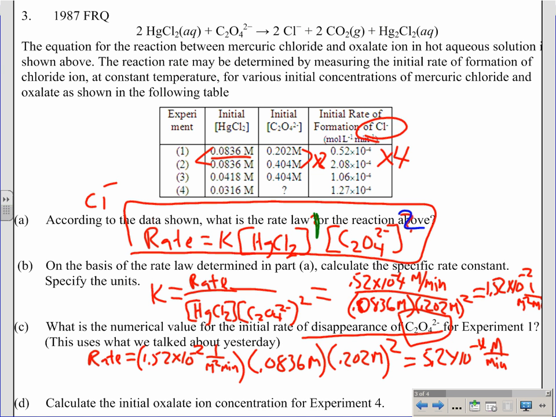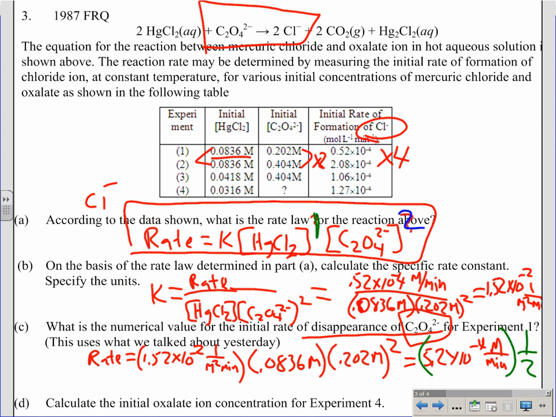But that is with respect to Cl minus. So to find out what that would be for C2O4 2 minus, I have to go up and look at the stoichiometry of the problem. Whenever you're going from one rate to another rate, you're doing relative rate stuff, that's where stoichiometry comes into play. You'll notice that it's a 2-to-1 ratio. The Cl minus is appearing twice as fast as the C2O4 2 minus is disappearing. So to get our final answer here, I really have to multiply this by 1/2, because the rate of Cl minus is going to be double that of the rate of C2O4 2 minus.